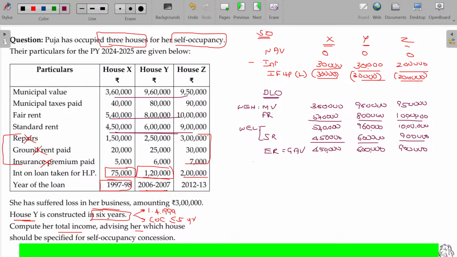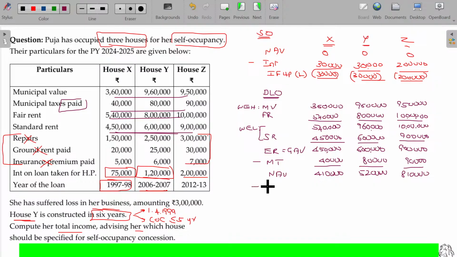From that, we have to subtract what? Municipal tax paid. As it is paid, we can subtract directly. 40,000, 80,000, 90,000. Now, your NAV being 4 lakhs 10,000, 5 lakhs 20,000 and 8 lakhs 10,000.